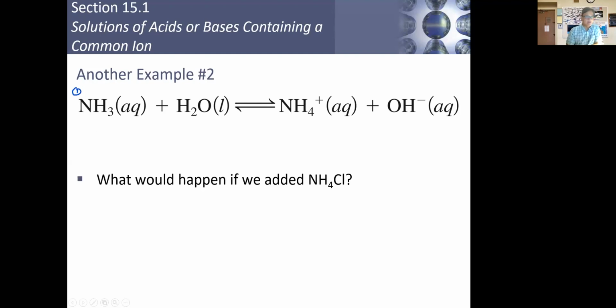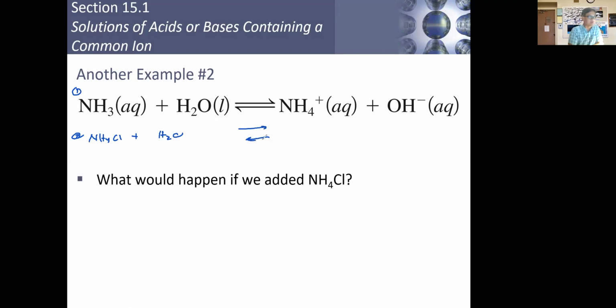Okay, so ammonium chloride in water. I hope you see what the common ion is here.